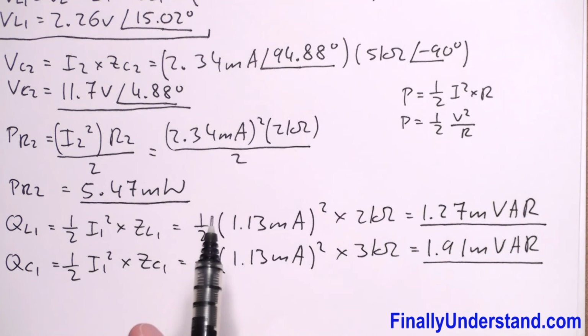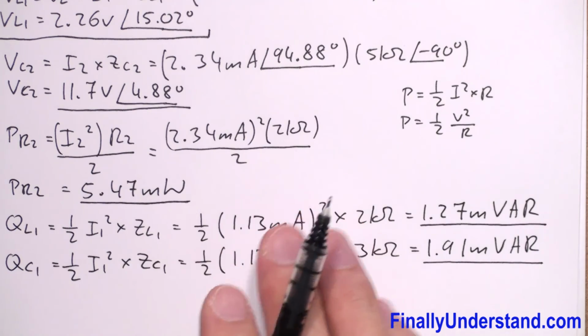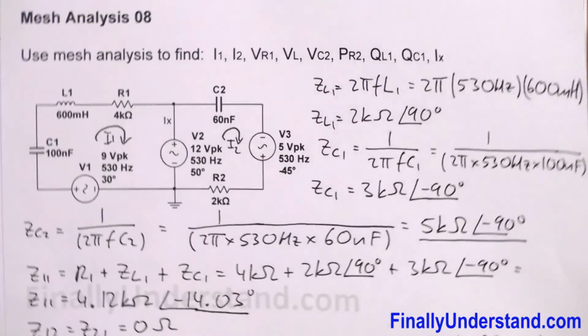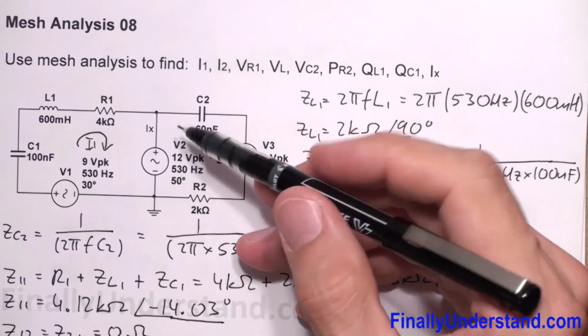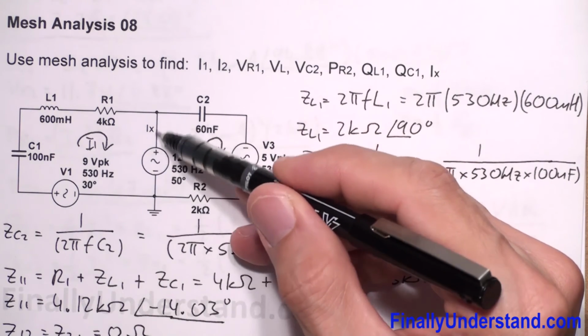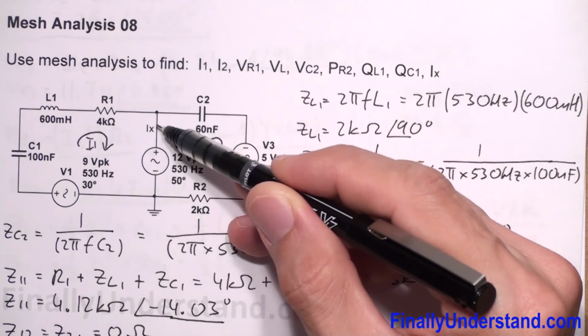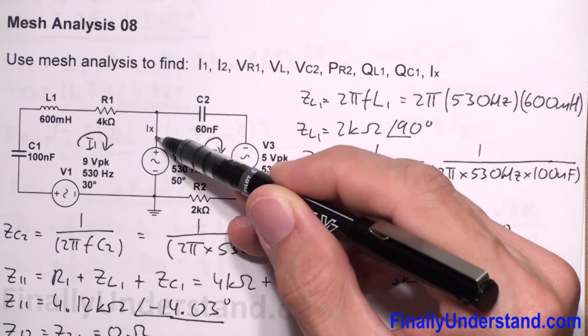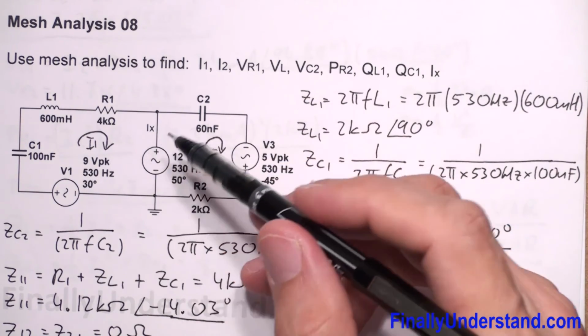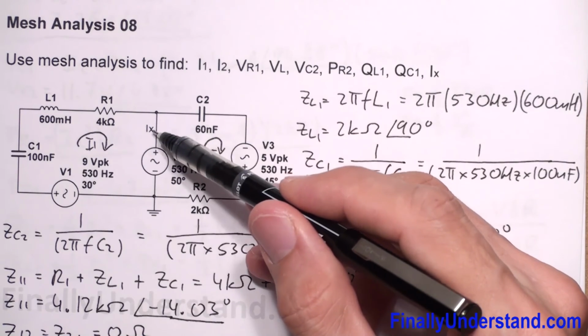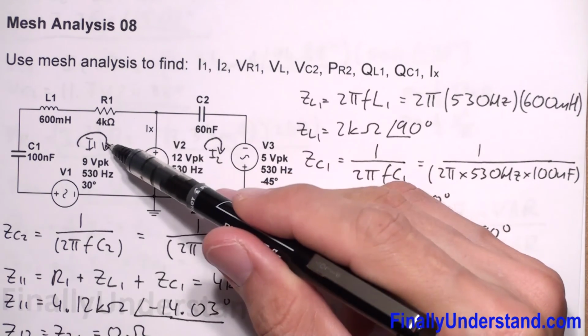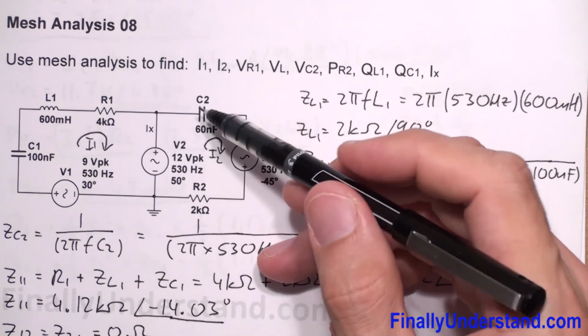Next, I'm supposed to find Ix. Ix is the current which will flow through this branch. So I have to find how much current will go through this wire. Please notice that this current is the combination of current I1 and I2.